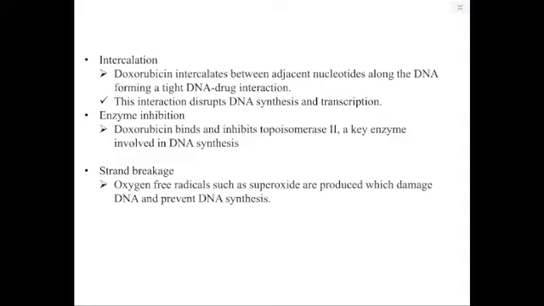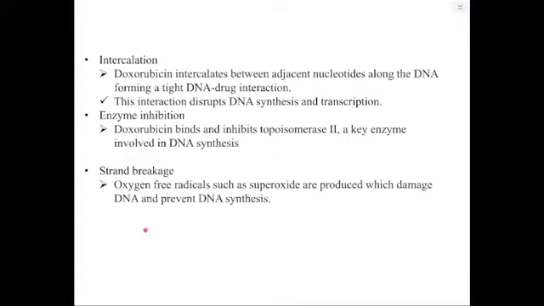So if you look at doxorubicin, again, we have mentioned its intercalation, just re-emphasizing the same. It intercalates between adjacent nucleotides along the DNA, forming a tight DNA-drug interaction. This interaction disrupts DNA synthesis and transcription. It can also bring about enzyme inhibition, both of topoisomerase 2 and even the DNA gyrase, and once that happens, it will block DNA synthesis.